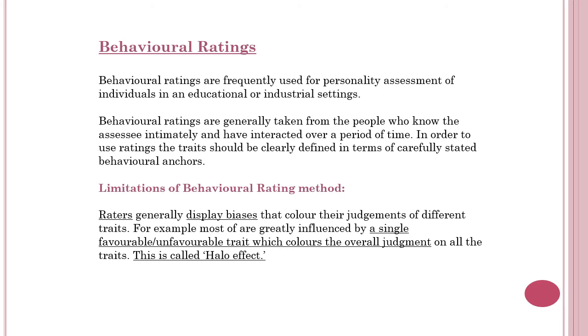This tendency is known as the halo effect. Based on one thing, if I hold an opinion about myself that I am very good, but at the back of our mind, behind our personality, maybe we are not, there this halo effect plays its role. So raters generally display biases that color their judgments of different traits.